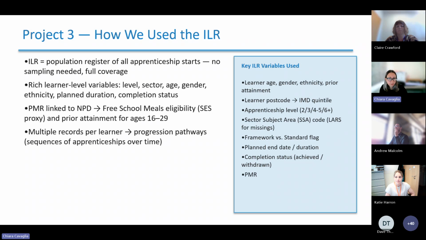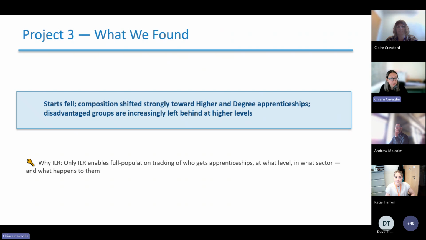Through the learner aim reference, as Dave mentioned, we match it with LARS data, and you can substitute the missing information there. And here we found that starts fell, the composition shifted towards higher and degree apprenticeships, but the disadvantaged groups are increasingly left behind at higher levels.